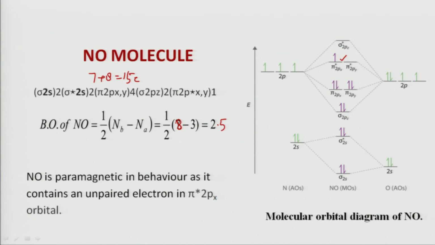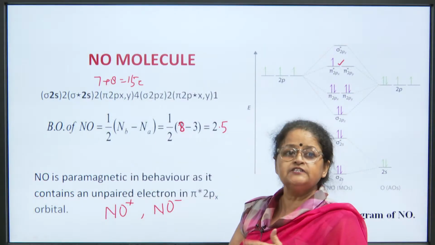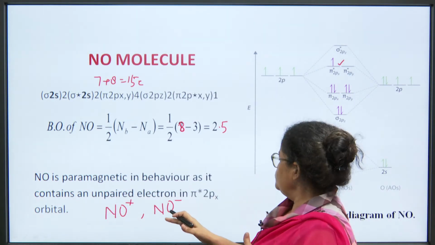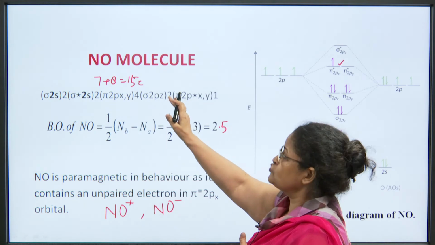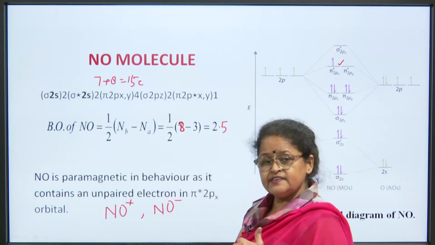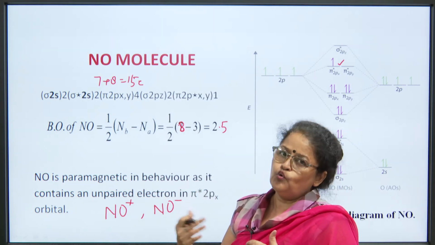Similarly, we can have the molecular ions of NO also, that is NO plus, where one electron is lost, that means 14 electrons are there, and we can have the molecular ion NO minus also. NO plus is quite the same as N2 with 14 electrons, and NO minus, which will have 16 electrons, will be quite the same as O2.